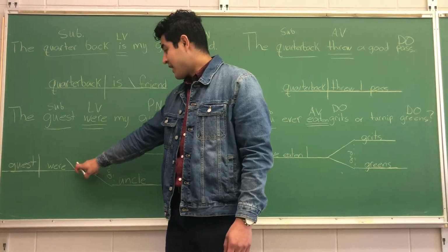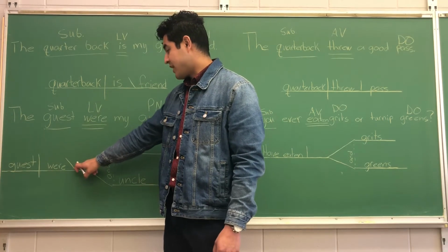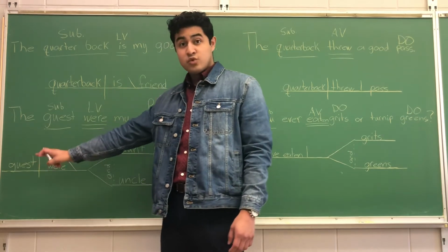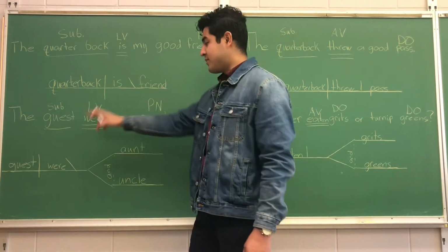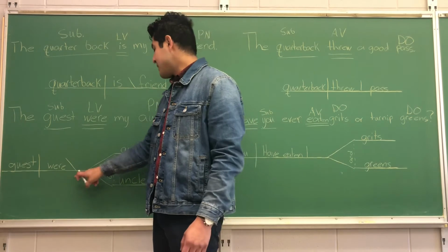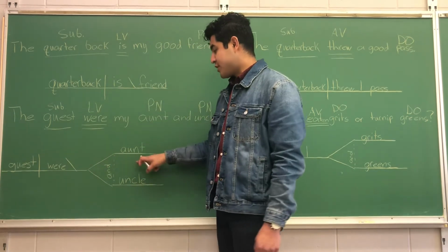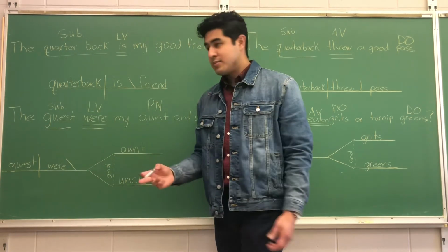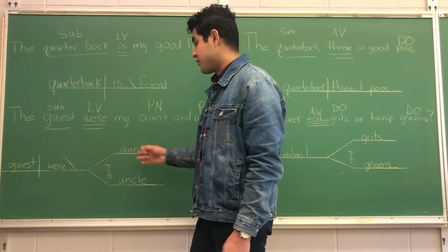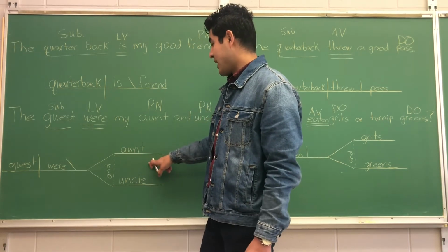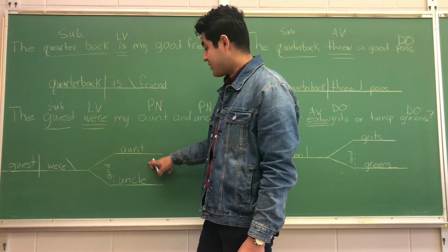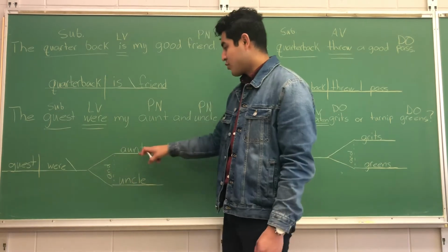Okay, I've got my slanted line here showing me that it's a predicate nominative. It's slanted back towards the subject, not towards the predicate nominative. Make sure it's slanted back towards the subject, okay? And you guys are familiar with our little rocket ship that we make with compound subjects and compound verbs. In this case, this is a compound predicate nominative, okay? So we set up our little rocket stage.